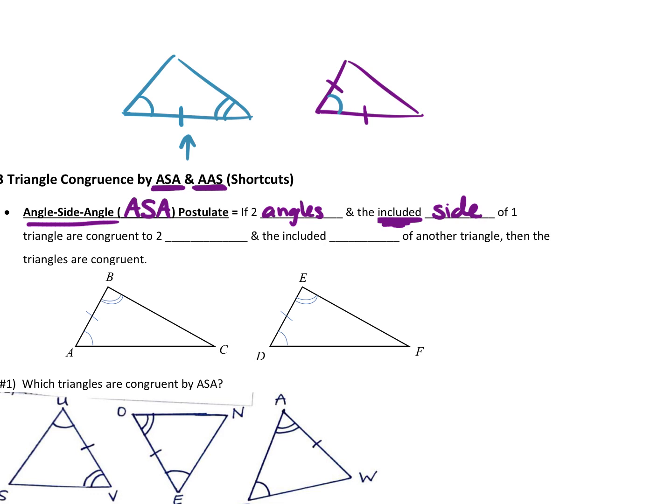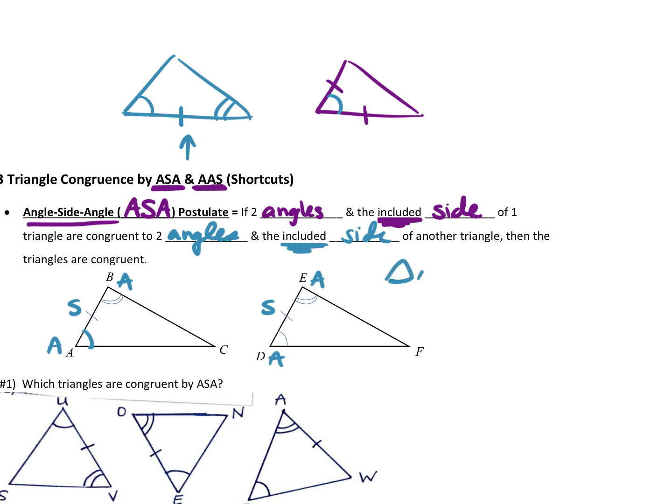So it says if two angles and the included side of one triangle are congruent to two angles and the included side of another triangle, then the triangles are congruent, okay? So if you have an angle, side, angle with an angle, side, angle, where the side is between your two angles, those triangles must be congruent, okay?